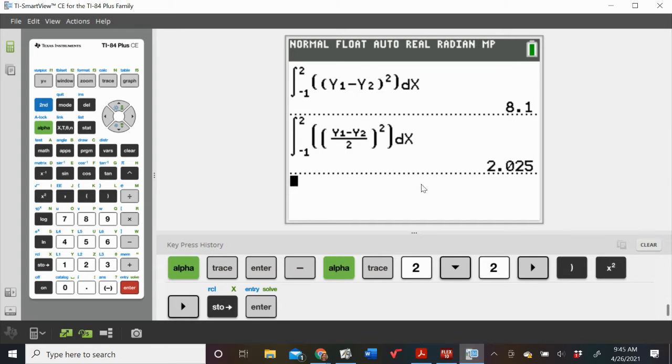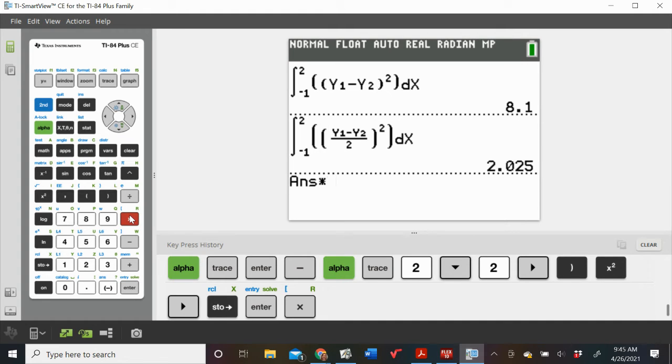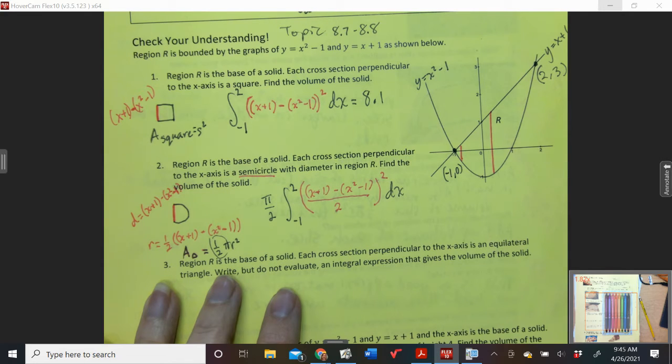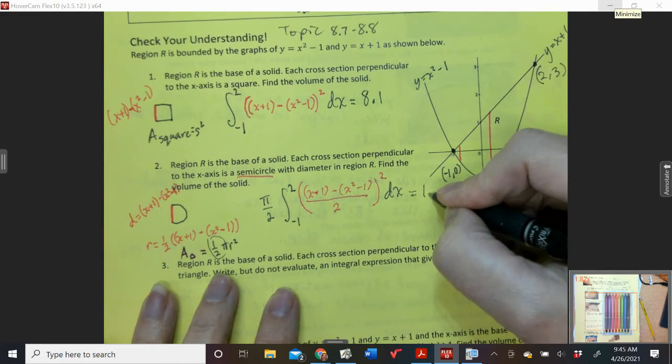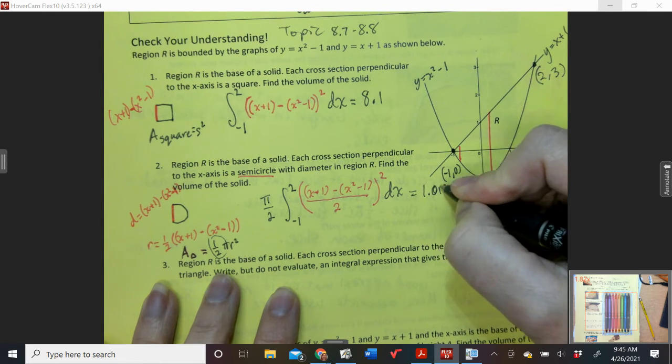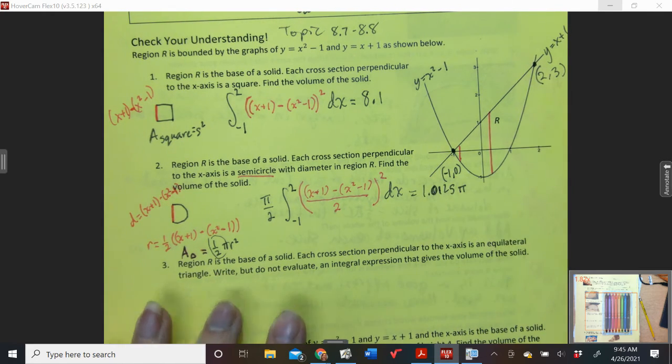I get a nice clean number. Then I'm going to times that by, let's use 0.5 first. And then I'll just write pi at the end of my answer. This is equal to 1.0125 pi. Okay.